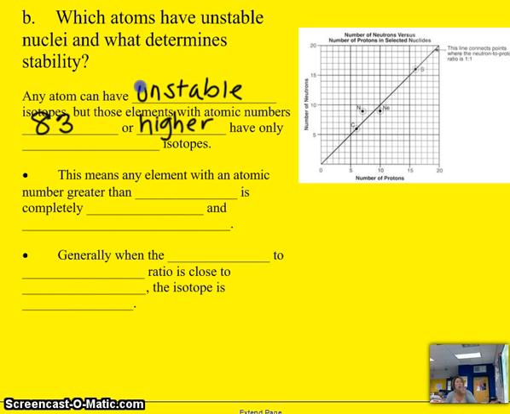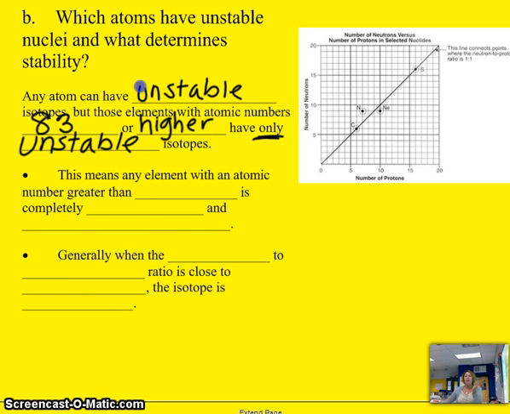You have only unstable ones. So every element on that periodic table that is atomic number 83 or higher is completely radioactive. You do not find any non-radioactive forms of that element. Whereas elements less than 83, there are stable forms, non-radioactive forms, and there are unstable forms.